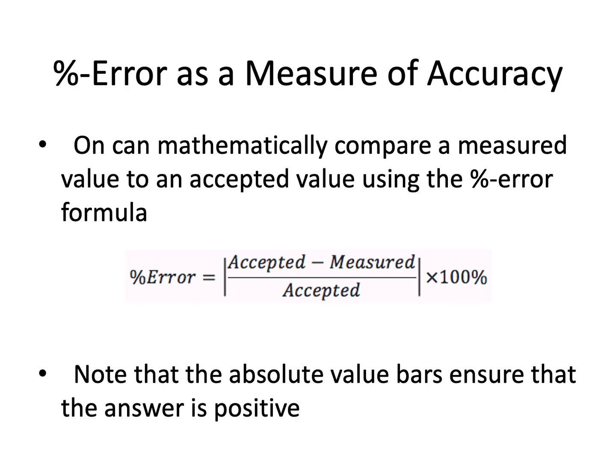The absolute value bars here just mean that you want to make sure that whatever you do is positive. If you subtracted and got a negative number, we don't want to care about that. So we always take the absolute value, so it doesn't matter which number is bigger. We just subtract them, divide by the accepted, make it positive, and that'll give you a fraction, which you then multiply by 100%.